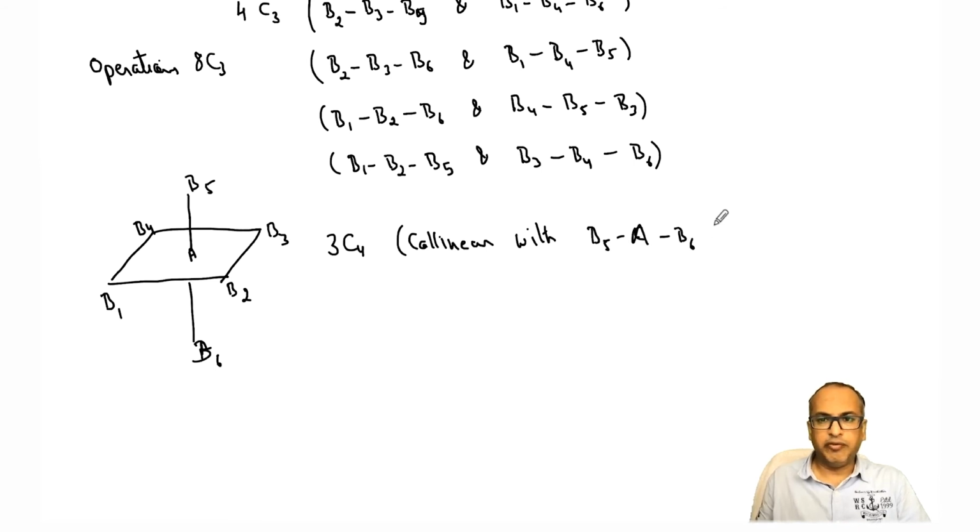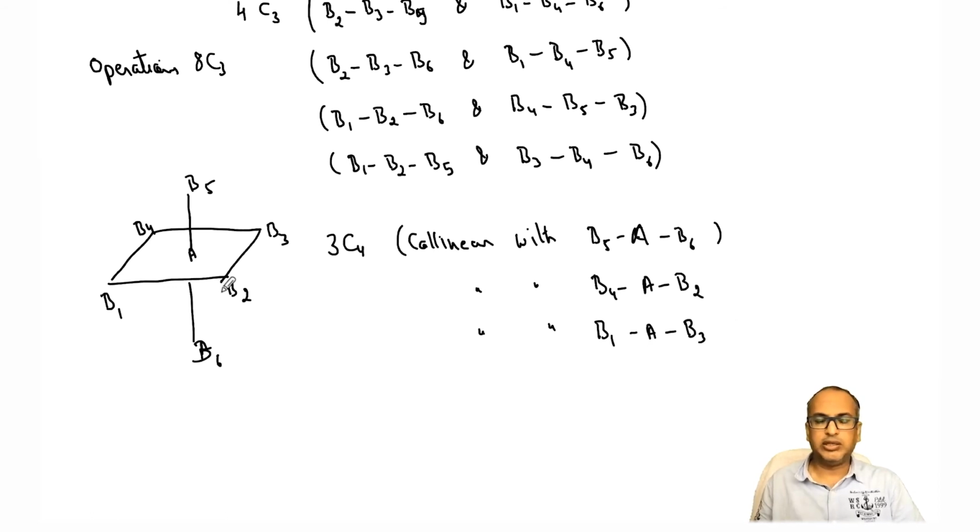Then we have one collinear with B4, A, B2, and there is one which is collinear with B1, A, B3. So there are only 3 such options because there are only 3 such bond pairs which have a 180-degree angle. Others will have a lesser angle, so that will not be a C4 axis.